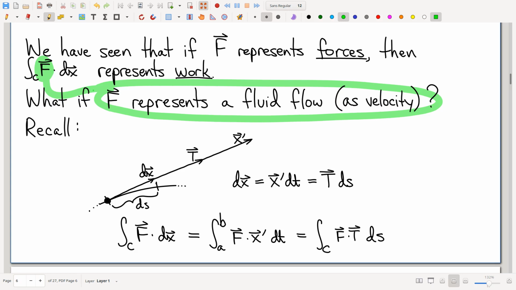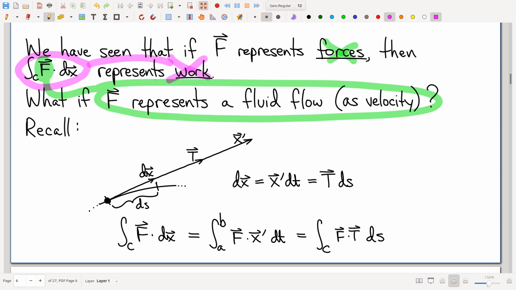Sometimes vector fields represent fluid flows. So, reasonable question then, if your vector field is representing a fluid flow, and specifically if the vector field is giving you the velocity of the fluid at any given point, now no force is involved at all. Now what does this represent? And it's not work.